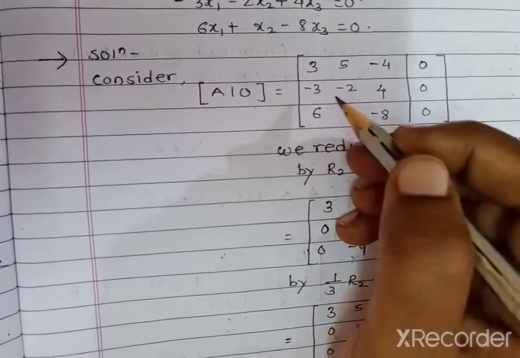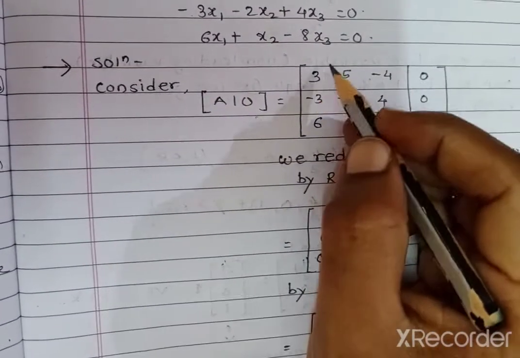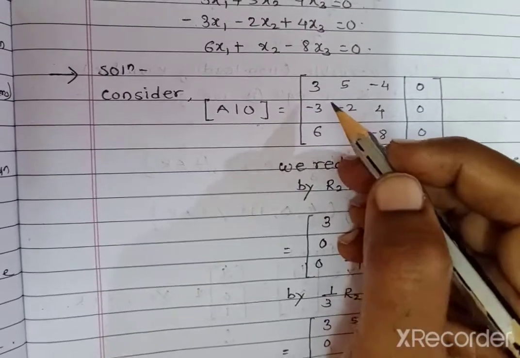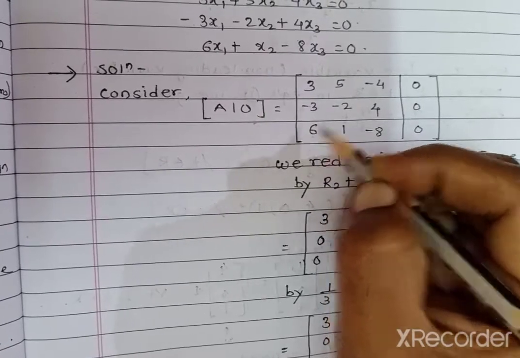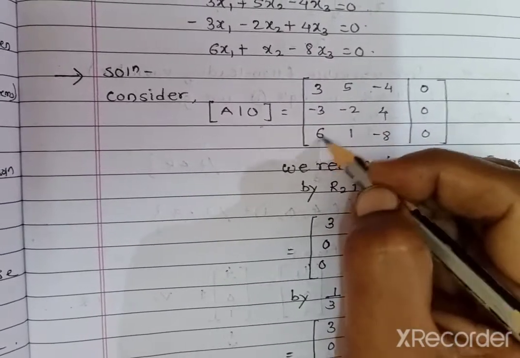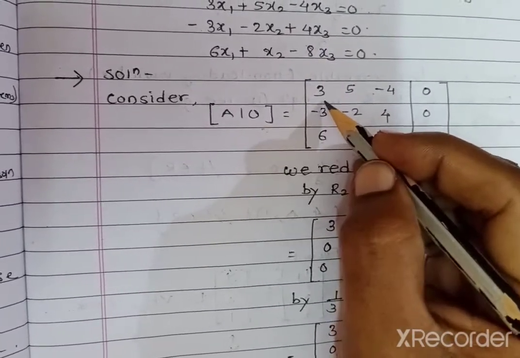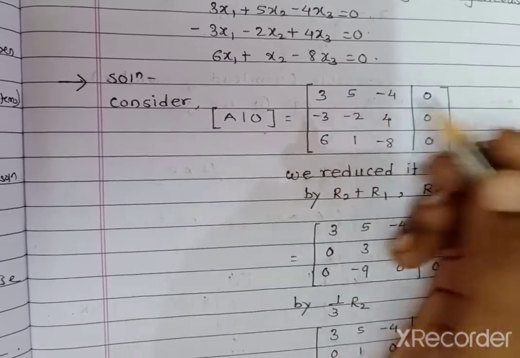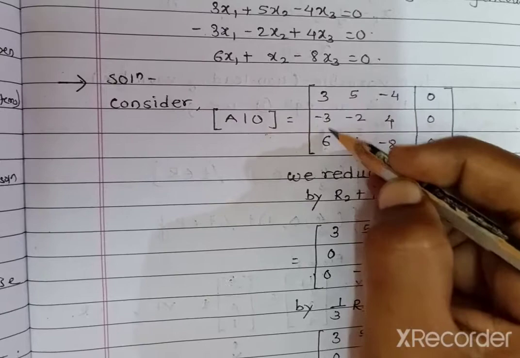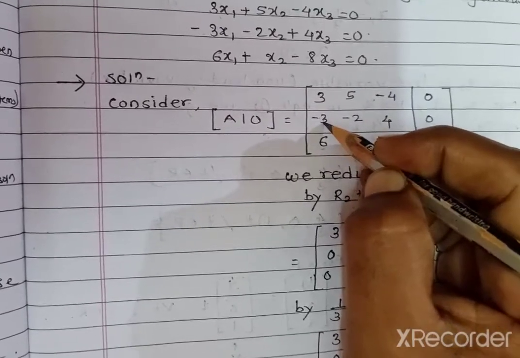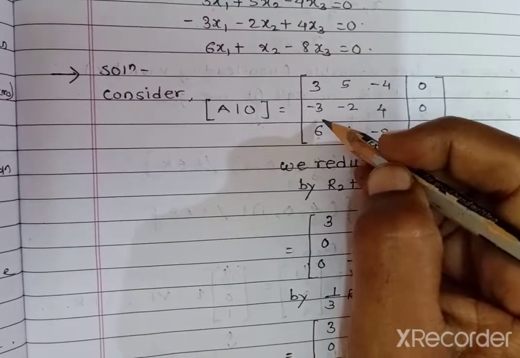Sometimes we first make it a leading one, or check which types of bottom entries occur here. Here the bottom entry is a multiple of 3. So first of all, using this entry 3, we have to make the bottom entry 0. For that we have to use a row operation.